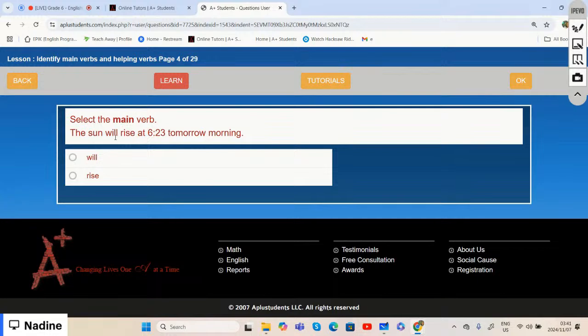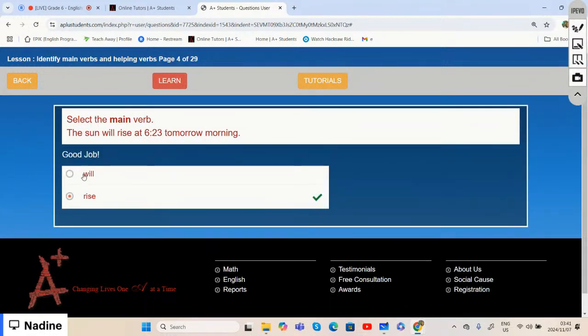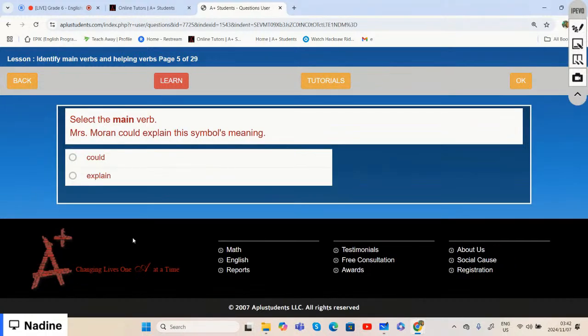And if we were to select our main verb, then yes, rise is our main verb, will is our helping verb. Well done.